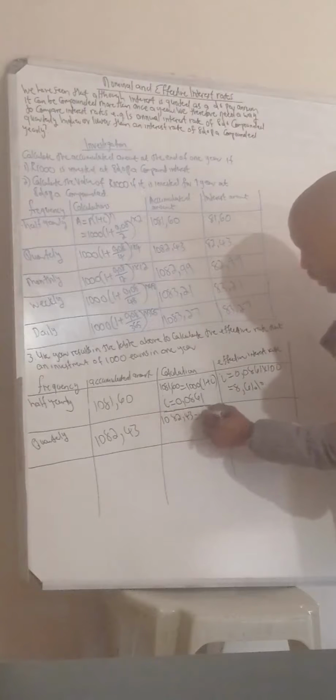For quarterly, the accumulated amount is 1,082.43. So 1,082.43 equals 1,000 into 1 plus i.